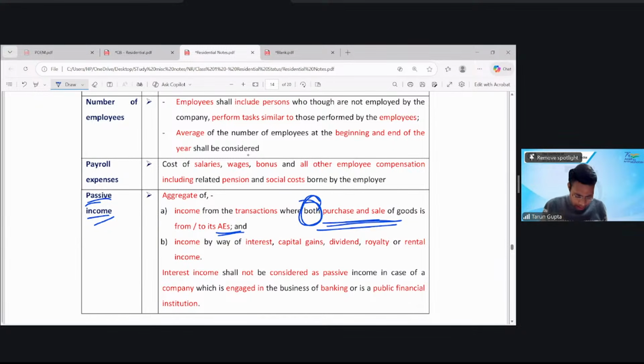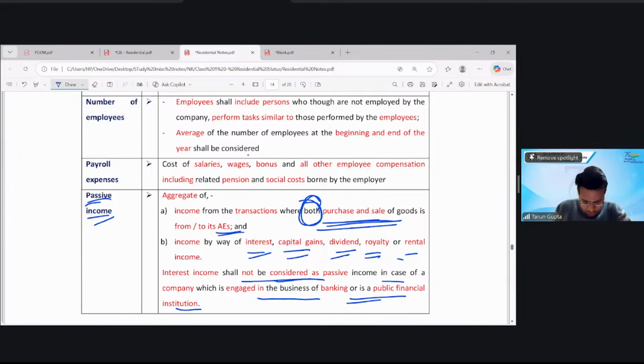Secondly, the core passive income, which is income by way of interest, capital gain, dividend, royalty, and rent. All these incomes are by nature passive income. But interest income shall not be considered as passive income in the case of a company engaged in the business of banking or as a public financial institution. Of course, for a bank, the active income is the interest income.